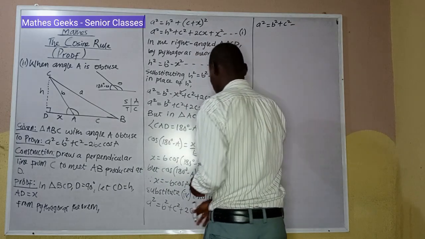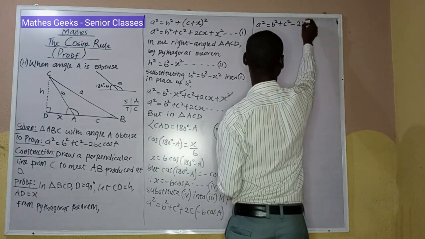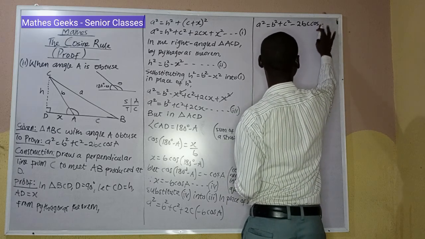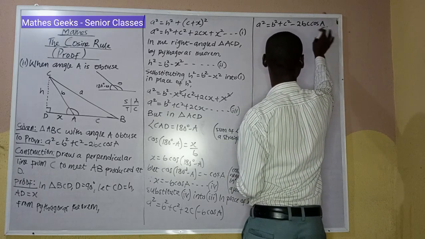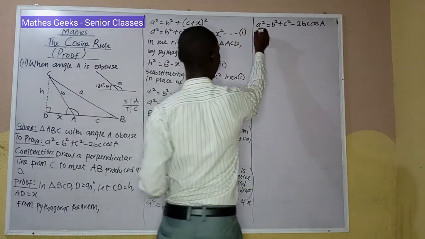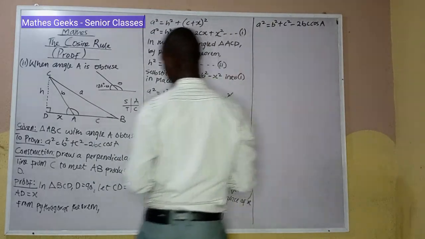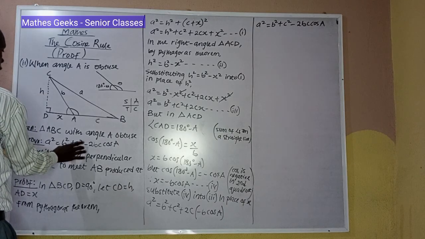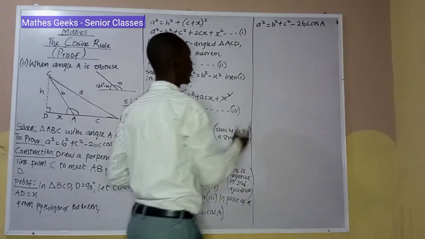So 2c times b will give us 2bc cos A. And hence we discover that this is exactly what we aimed at proving at the beginning.